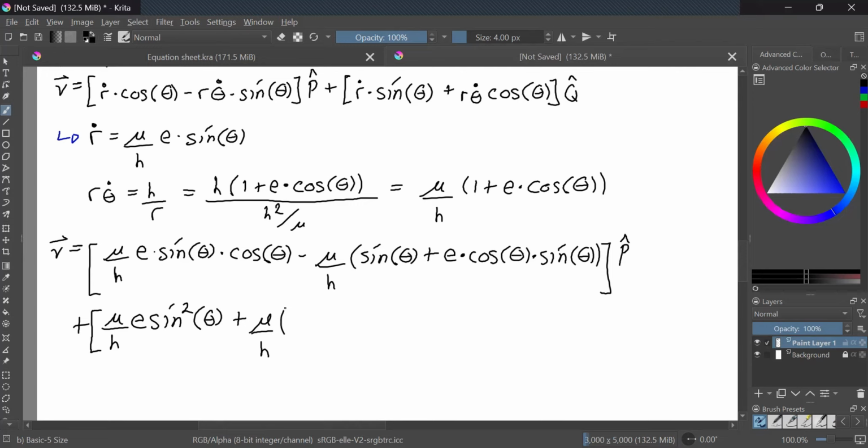And again, I'm going to distribute. So times the cosine of theta plus e times cosine times cosine is cosine squared. E times the cosine squared of theta.